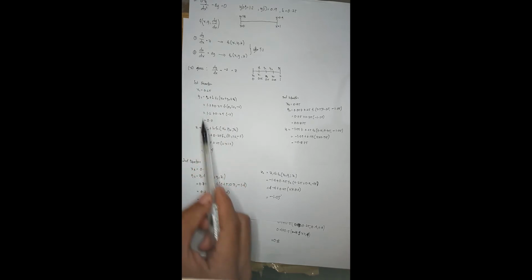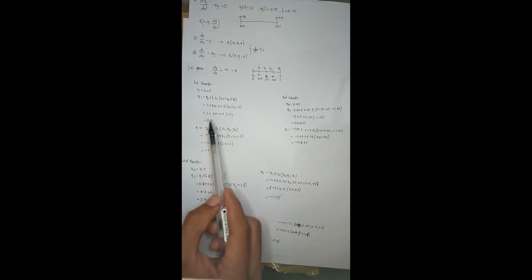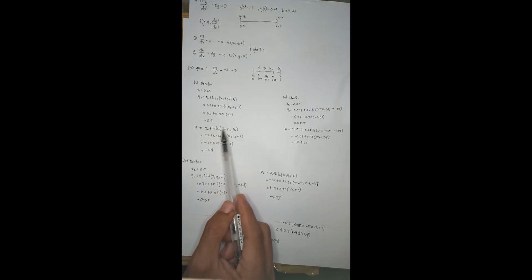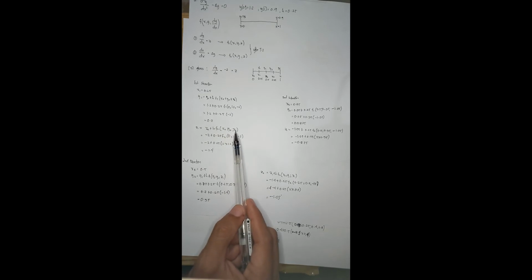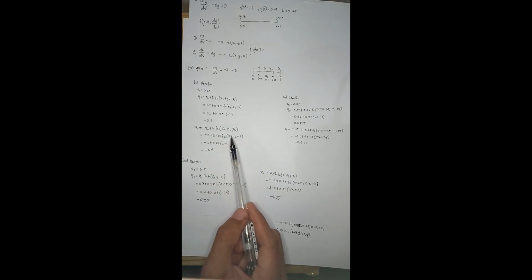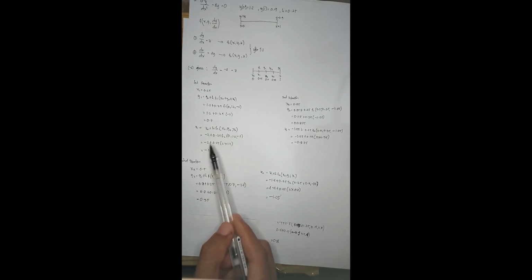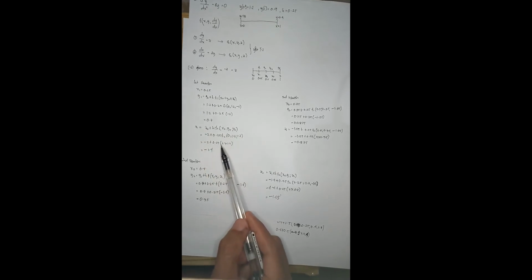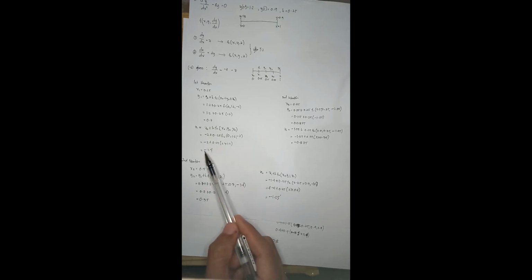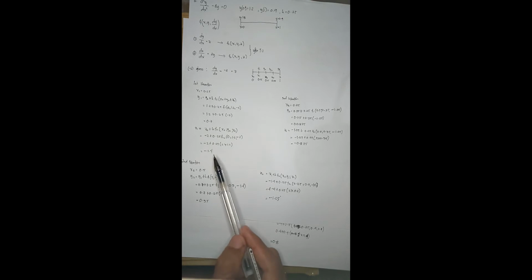Our y1 is 0.7. z1 is equal to z of 0 plus h times f2 times (x of 0, y of 0, z of 0), which is equal to negative 2 plus 0.25 times f2 of (0, 1.2, negative 2), which is equal to negative 2 plus 0.25 times 2 times 1.2, which is equal to negative 1.4.